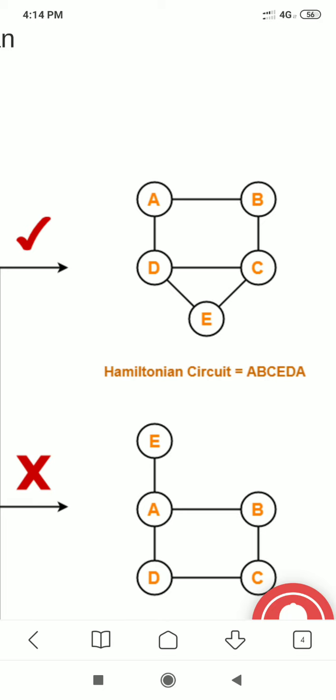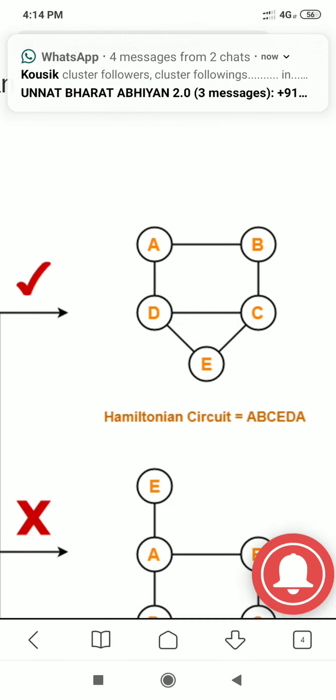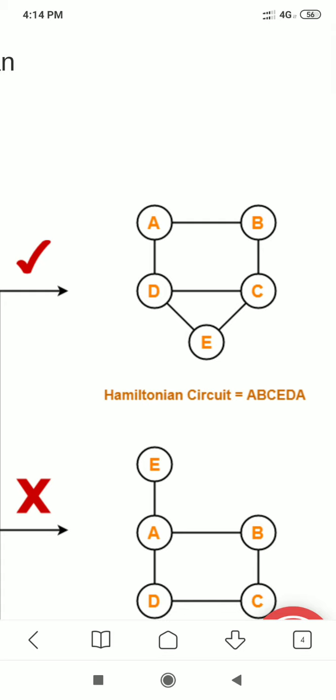I will say Hamiltonian cycle, though it is written Hamiltonian circuit here, not circuit. A Hamiltonian cycle is a cycle that contains all the vertices of the graph, and here A, B, C, E, D, A is a cycle that contains all the vertices.